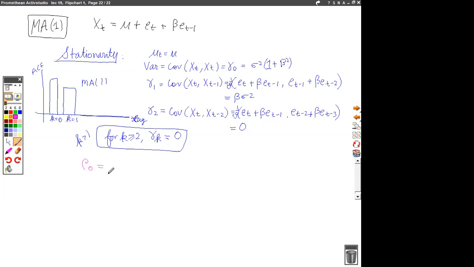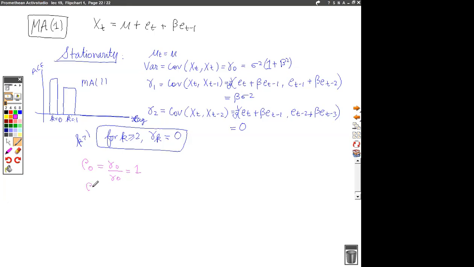And why do you think it will be 1? Because even though I have an MA process, this is just gamma 0 upon gamma 0, which irrespective of what process I'm looking at is going to take the value 1. Anything upon itself is just 1. So my rho 0 here will be 1.